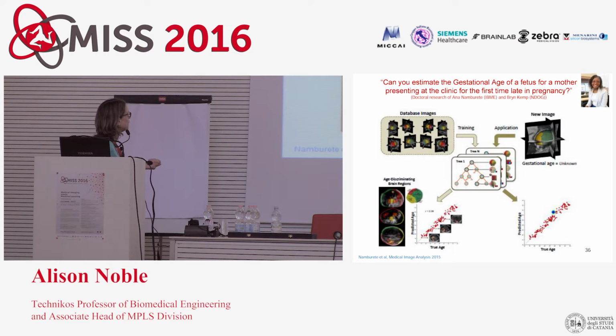And then if you've got the true age, or in our case it's really measuring the maturation of the brain, and we know that because for our particular data set all the mothers knew their LMP, you could characterize the actual day of pregnancy that's been correlated with an ultrasound measurement. Then we could build this model that allowed us, for an unknown new example, to estimate the gestational age. So that's the basic idea, and it was described in a Medical Image Analysis paper in 2015.